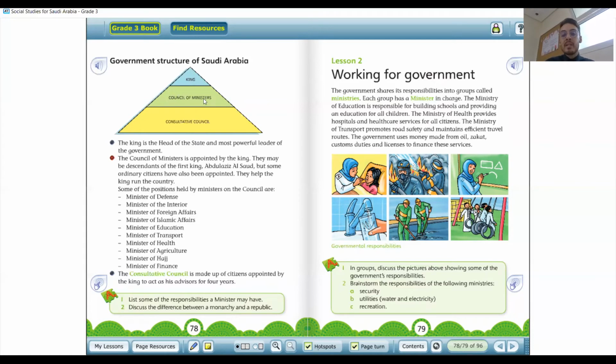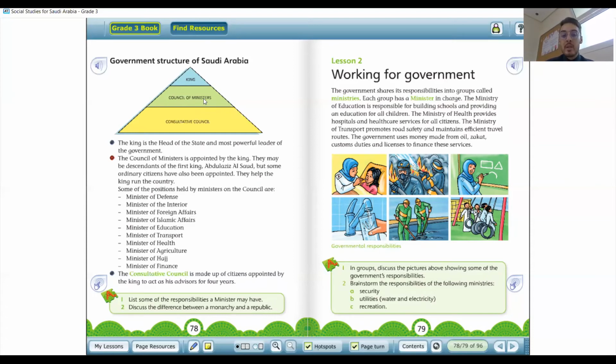And then the council of ministers is you get the minister of defense, the minister of interior, the minister of foreign affairs, who manages people that come into the country like me from another country, the minister of Islamic affairs, the minister of education, transport, health, agriculture, Hajj, and then also finance. So all of these ministers manage different departments of the country and make sure that collectively the country runs smoothly based on all of these different departments that have to work independently and also interdependently, which means working together.